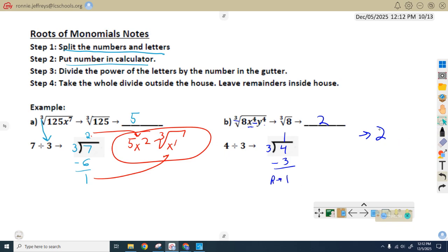So for both x and y, we're going to have an x to the first, a y to the first, and inside the house, a remainder of 1 each. That's a y. Just an ugly looking y.